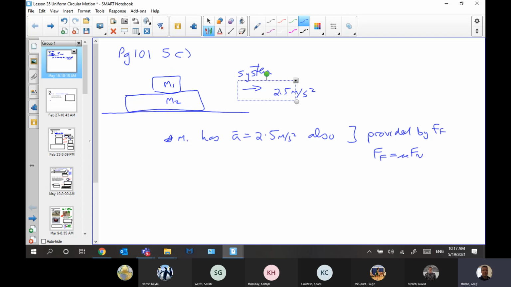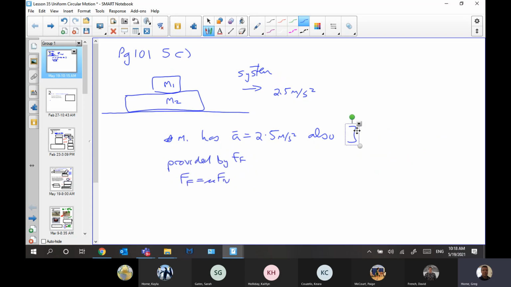If I'm analyzing everything in full, I want to rethink my organization here. I'm going to say provided by FF, it's mu Fn, just because I want to talk about the normal force separately. Acceleration in the y direction is 0.